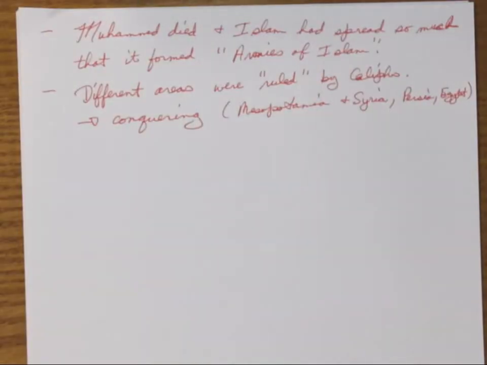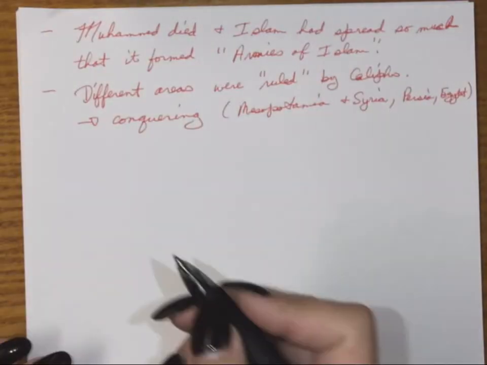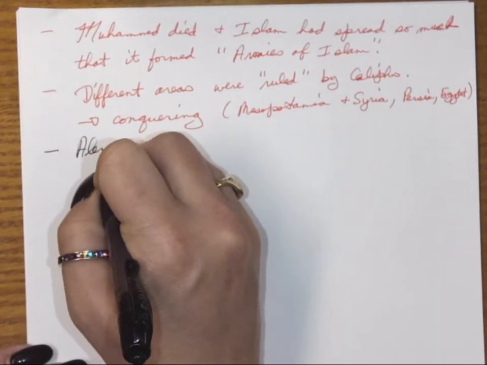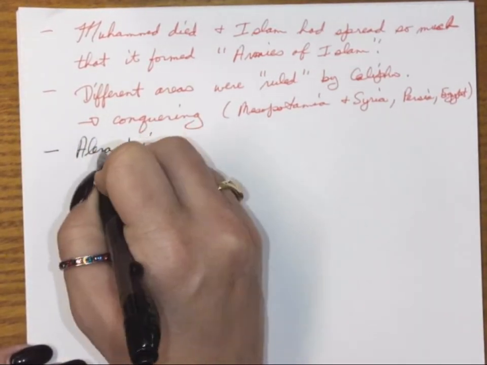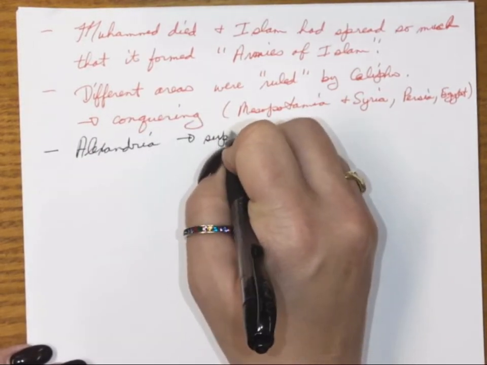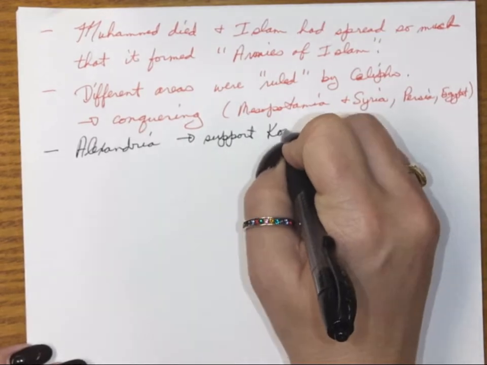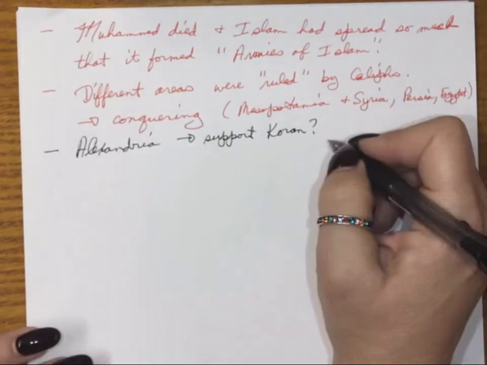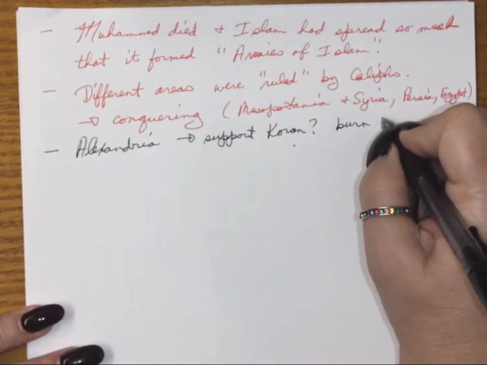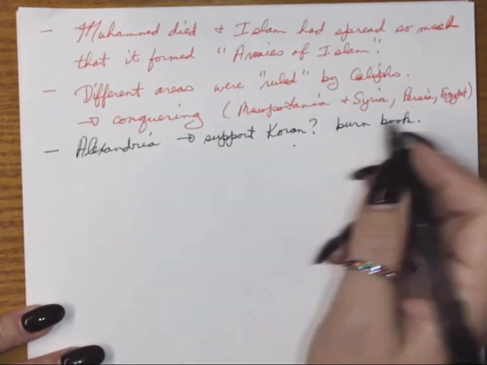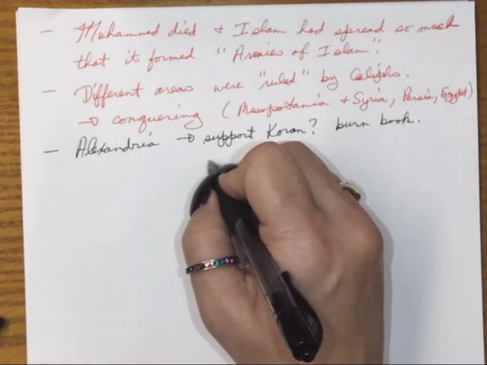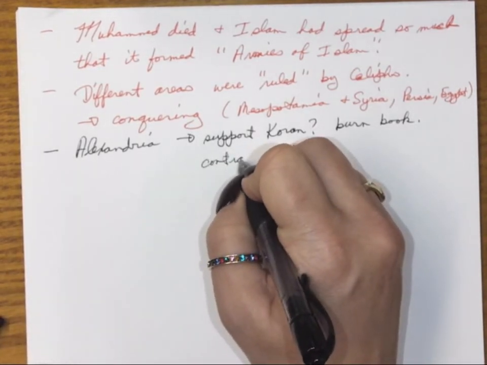And so it's almost as if when they go to Alexandria, I think in your book it says something to the effect of, you support the Quran with what's in your writings. We don't believe you because you're a heathen, so we burn you. Burn that book. Okay, because we don't need the support of people who don't believe the way we do. You contradict the Quran.